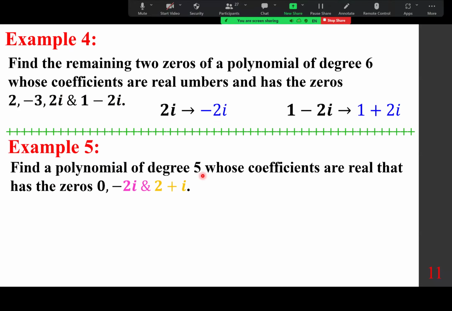Find a polynomial of degree 5 whose coefficients are real and has the zeros 0, -2i, and 2 plus i.